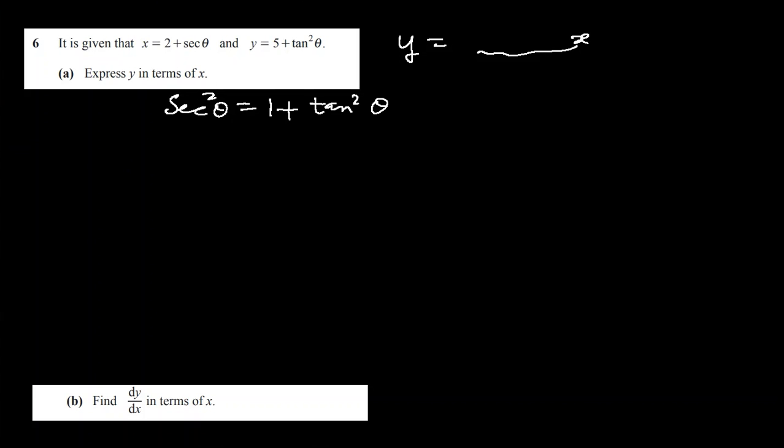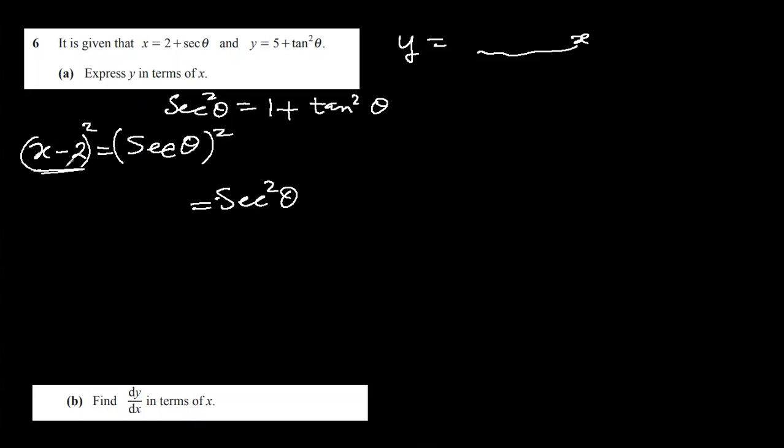This is the identity we can use. This is given in your formula sheet. But we don't have secant square theta, we have secant theta. So what can we do? We can isolate secant theta in the first equation. It becomes x minus 2 equal to secant theta. And now square both sides so that we get secant square theta. So the right side will be secant square theta. What will be the left side?